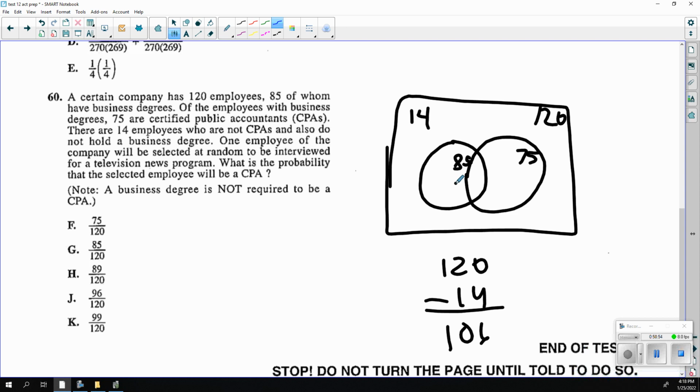But it says of the 85, and 75 would be 160. So there must be in this group right here, how many? Let's see, of 75 are CPAs.